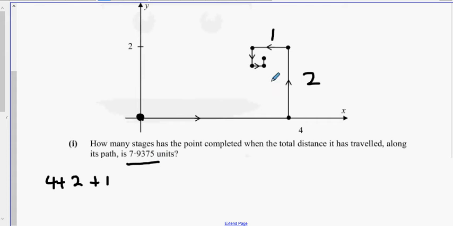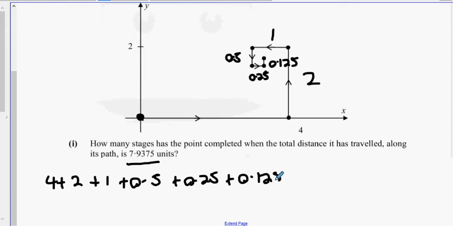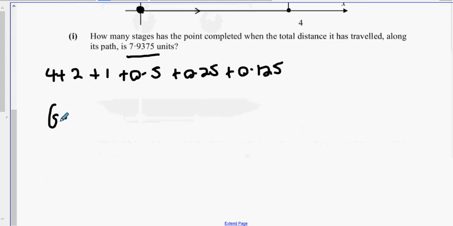Has to travel this far here. And then what we have here is 0.5, 0.5, 0.25, 0.125. Okay, so 1 plus 0.5 plus 0.25 plus 0.125. Okay, it's a geometric sequence.